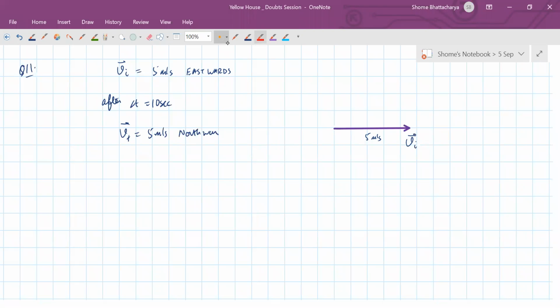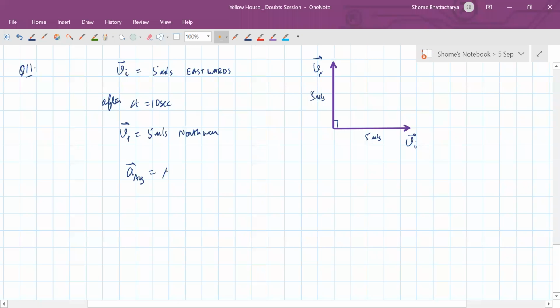So in the same diagram, we can now represent it with this vector, 5 meters per second, at 90 degrees. We have to find the average acceleration.